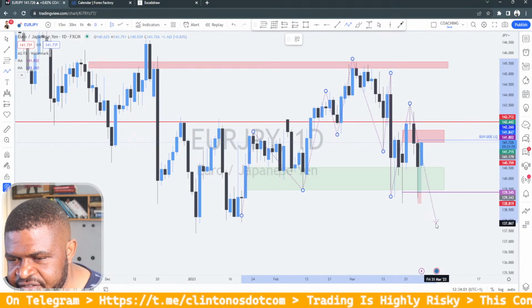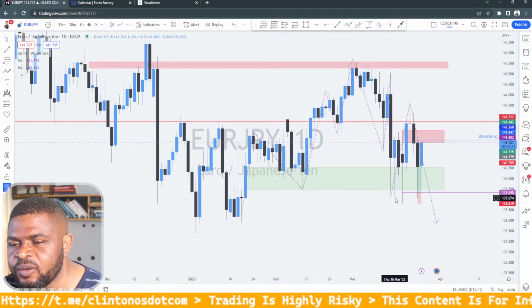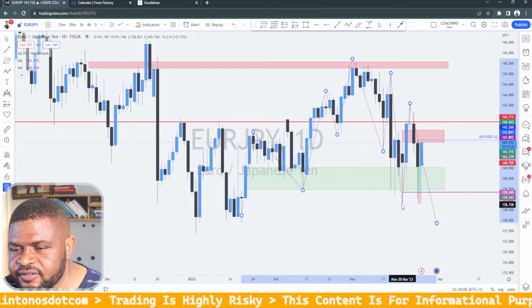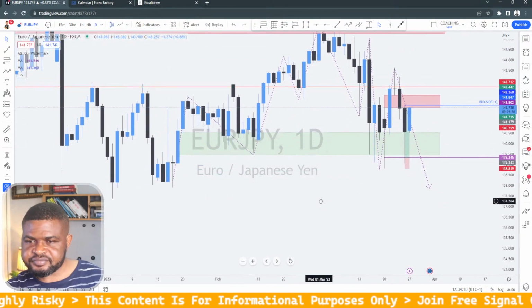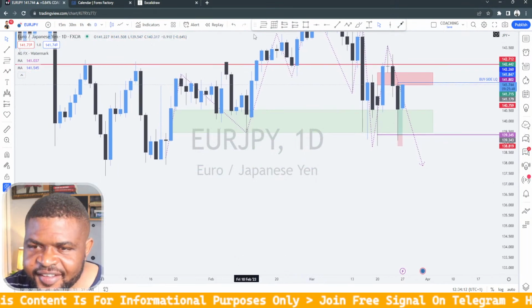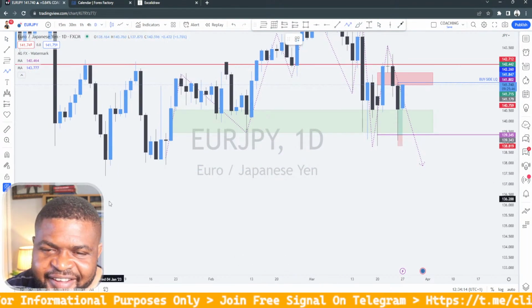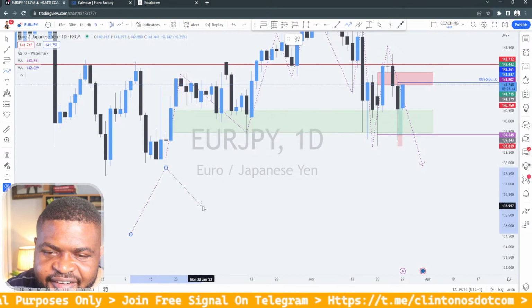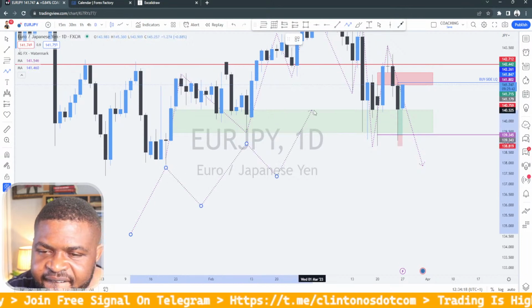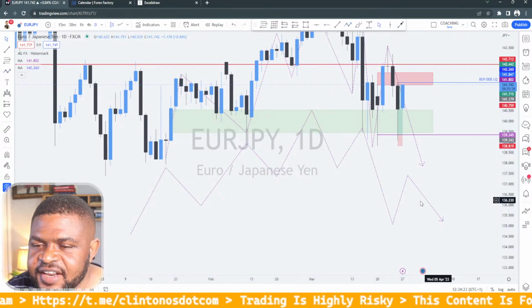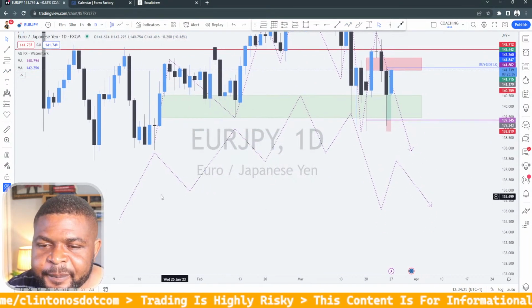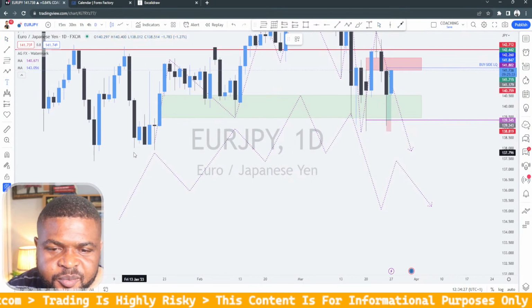Let's expect a lower low. Am I wrong to expect this? If it's not a classic structure? That's classic structure, right?